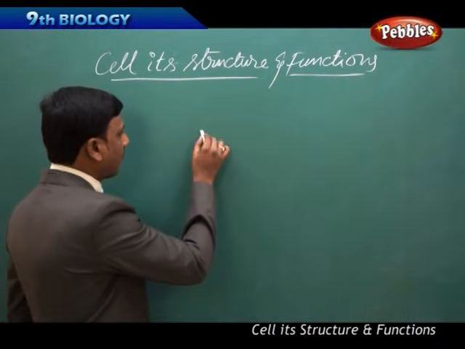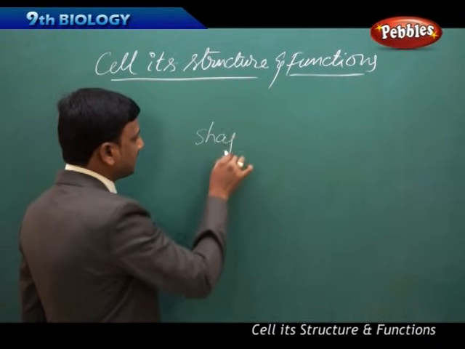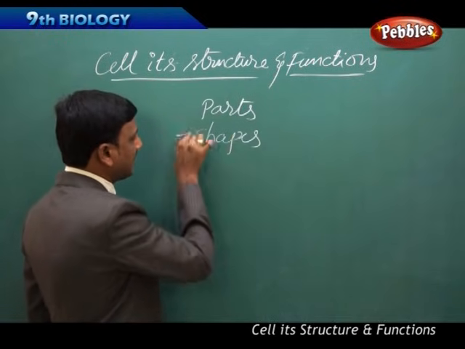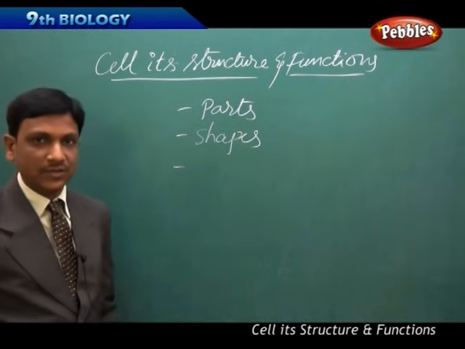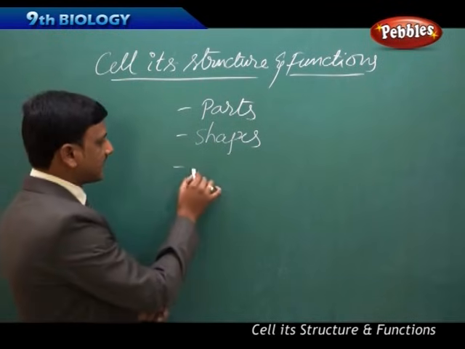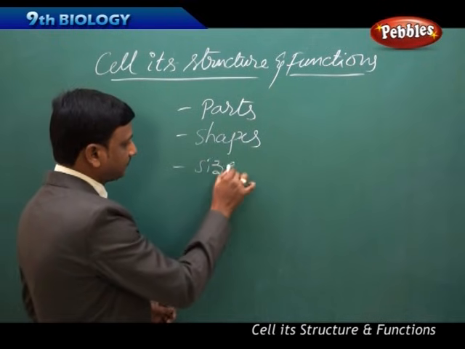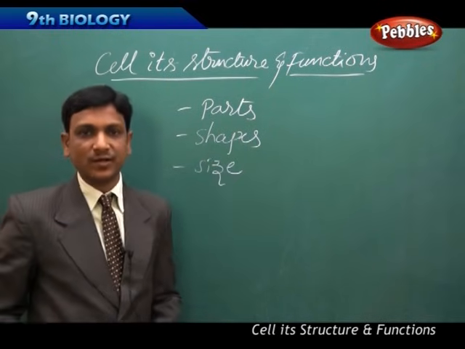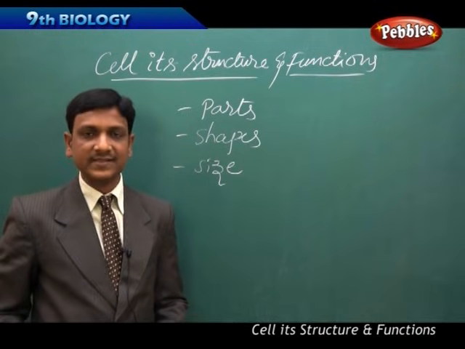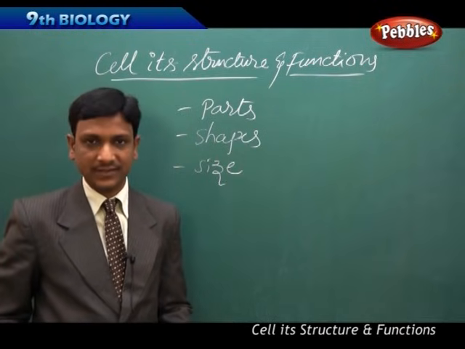So, you learned about the shapes of the cell and about parts of the cell, and you also learned about the sizes of the cell. That is different sizes. We know that cells are very small, microscopic. That means we can see the cells only under a microscope.